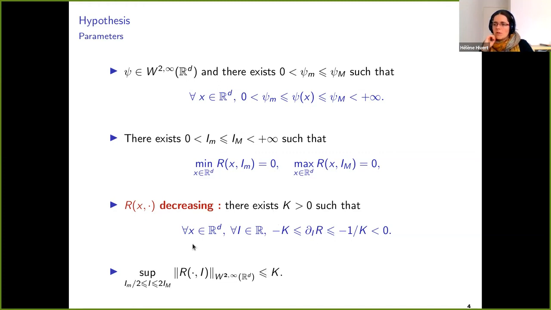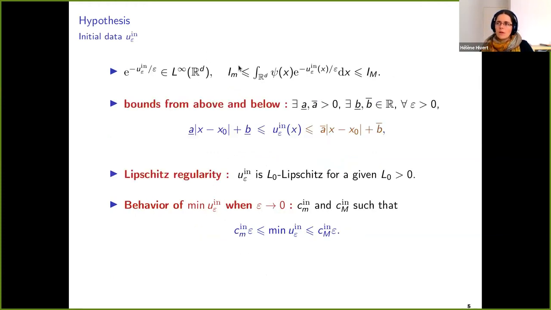Okay, and there are also assumptions on the smoothness of R, which are only technical. These are the hypotheses on the parameters of the problem, and there are also some hypotheses on the initial data.